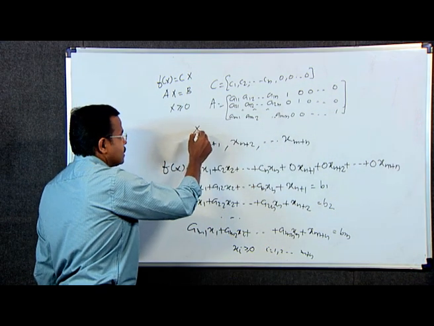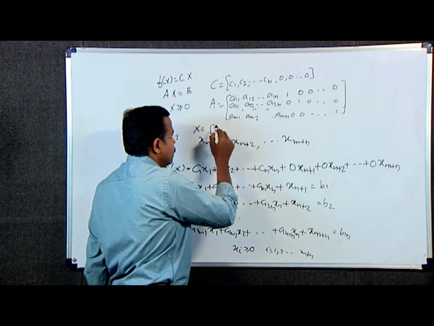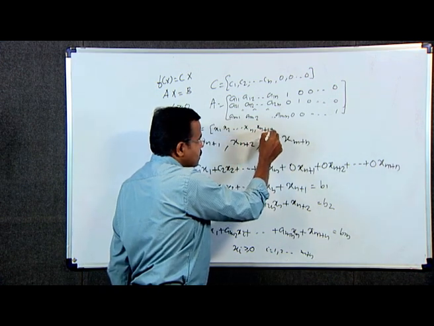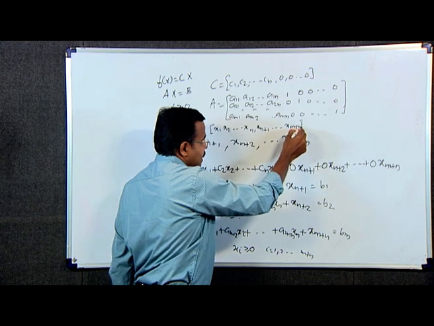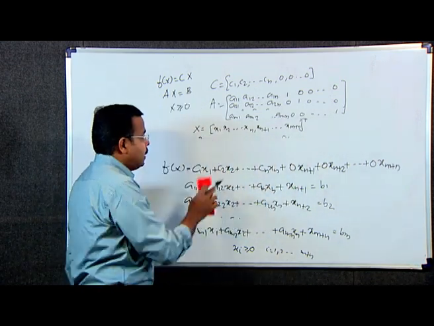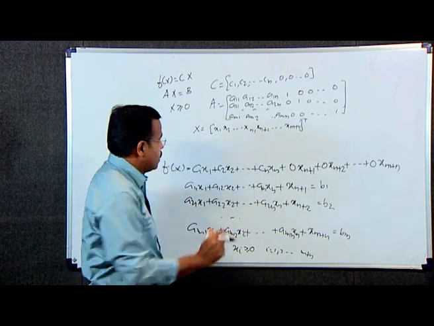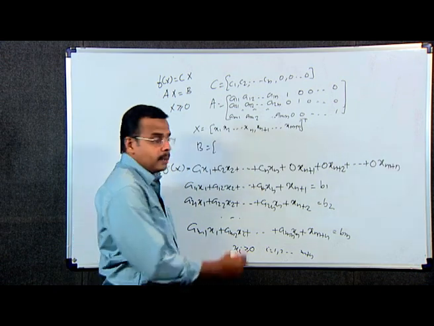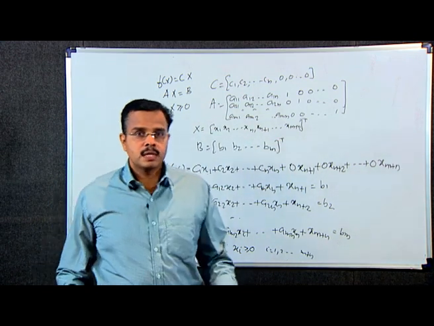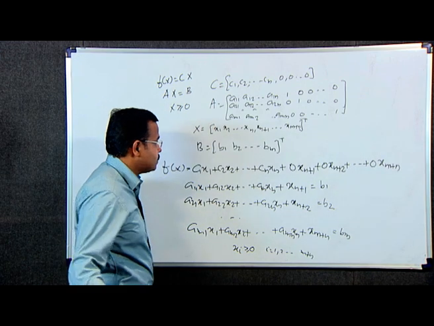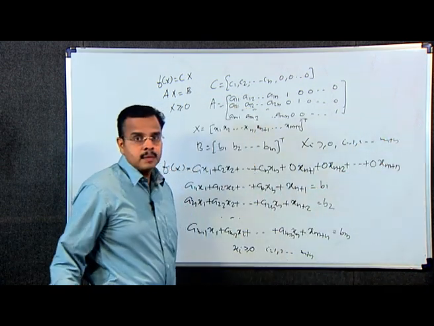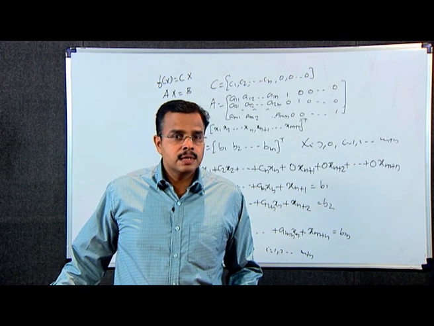And x is the column vector (x1, x2, ..., xn, x_(n+1), ..., x_(n+m)) transpose, and b is the column vector (b1, b2, ..., bm) transpose, and x_i is greater than or equal to 0 for i = 1 to m plus n. This form of linear programming problem is called its standard form.